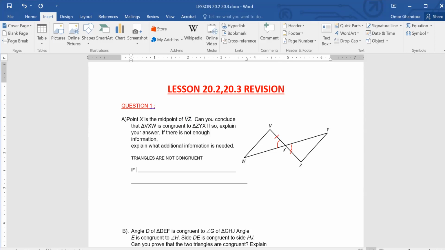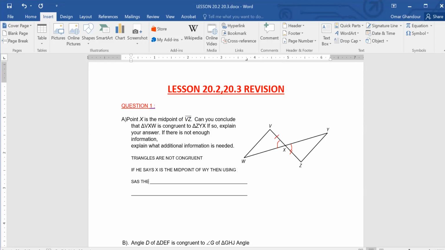If it says that X is the midpoint of WY, then using the SAS theorem, the two triangles will be congruent.